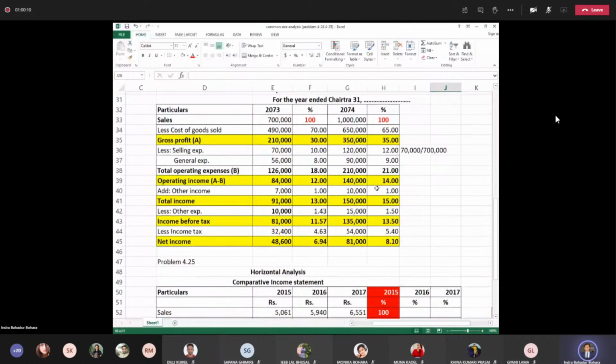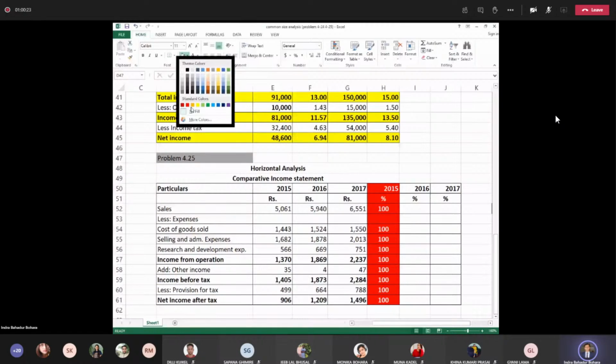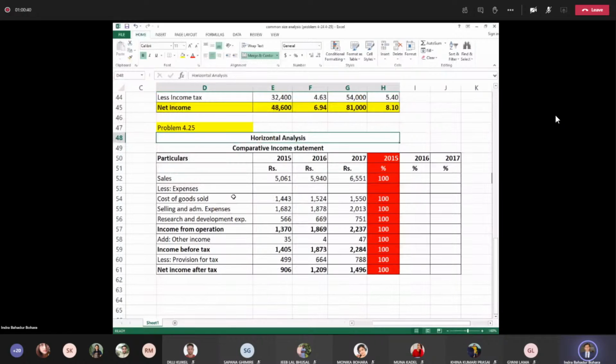Another is 4.25, which is horizontal analysis. Now you write down on the top, horizontal analysis. And you are given a comparative income statement of 15, 16 and 17.